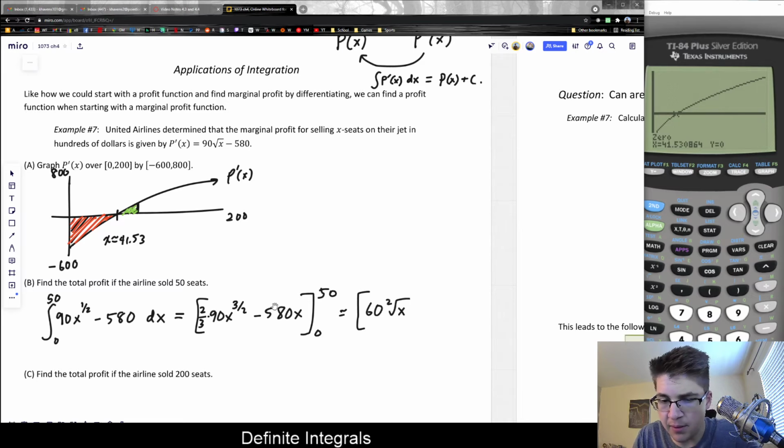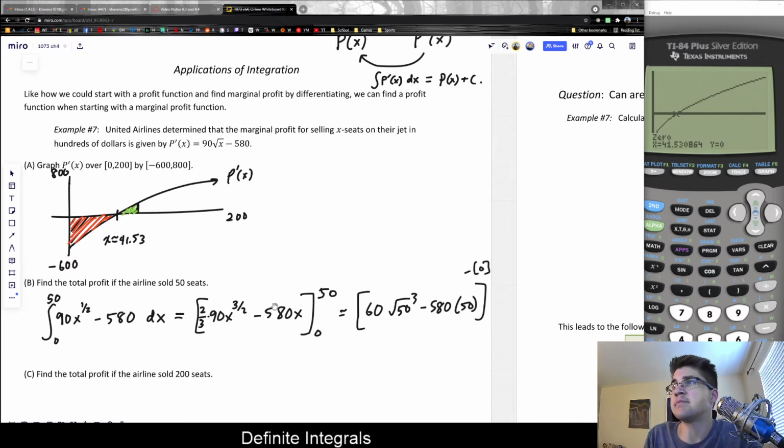So if I were to plug in 50 there, that would be the square root of x cubed. We don't usually write the index of 2 when it's a square root, but 3/2 just means that. And then this would be minus 580 times x. So plugging in 50, and then again, I would have minus 0 there as well, but don't really need to bother with that.